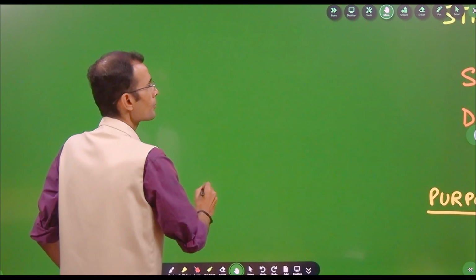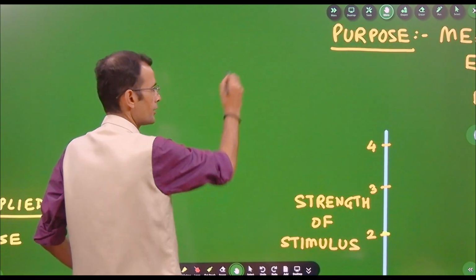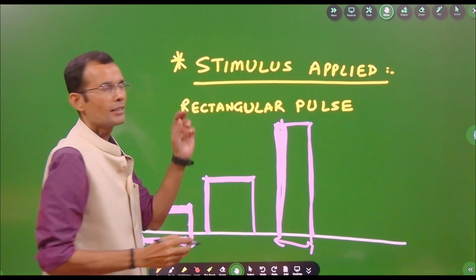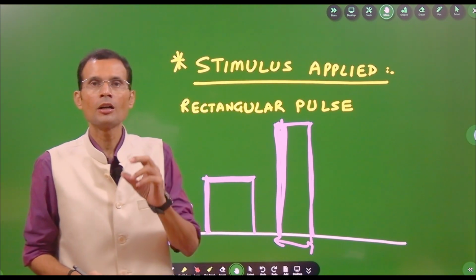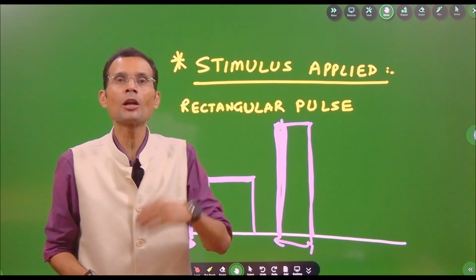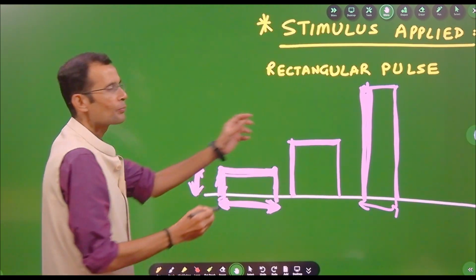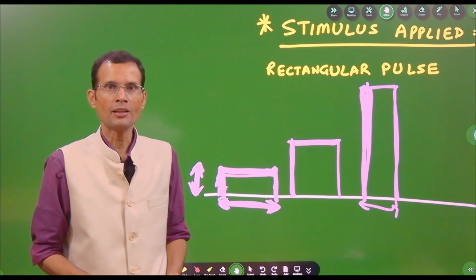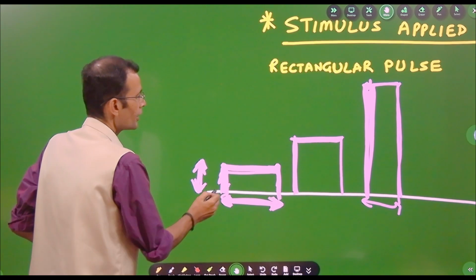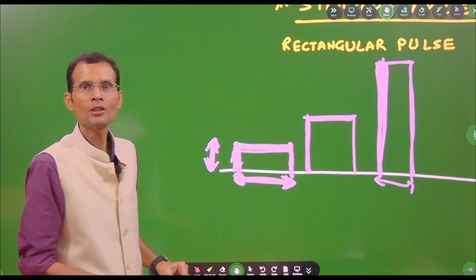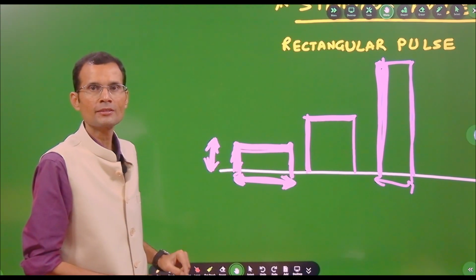Let's talk about the stimulus first, since it's the strength of the stimulus. We apply stimulus which is classically described as a rectangular pulse. This is a representative diagram that shows you how the stimulus is applied. So on the vertical axis there is strength of the stimulus or intensity of the stimulus.